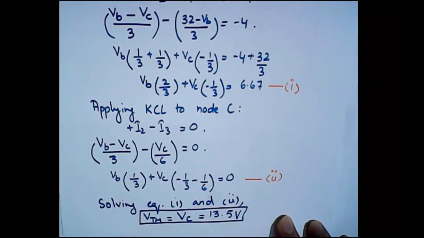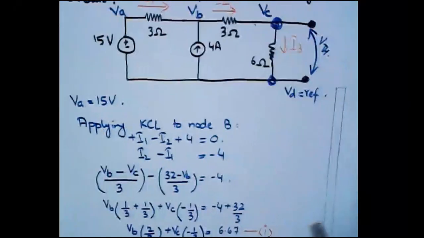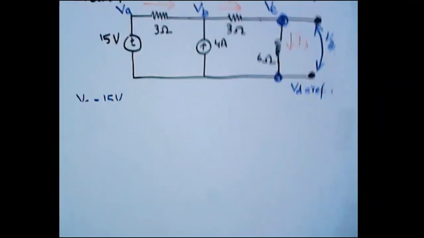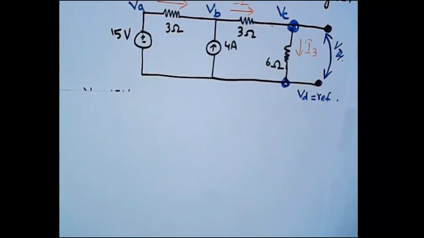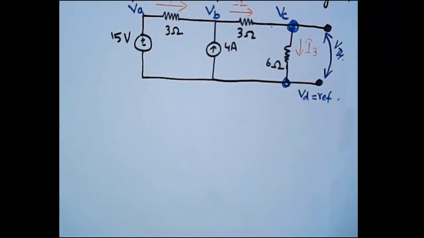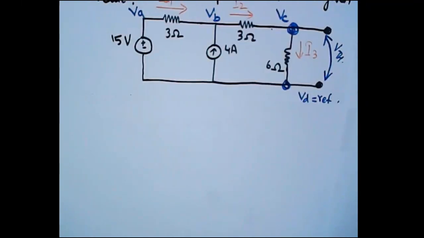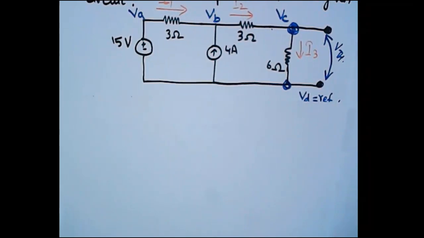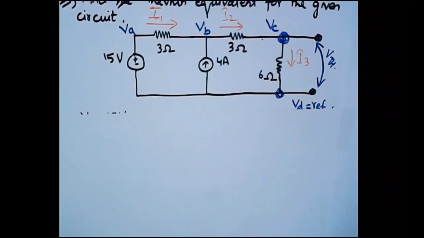And now let's try to find out the resistance, right? And we know that for resistance we need to turn off all the independent sources from the circuit, right?